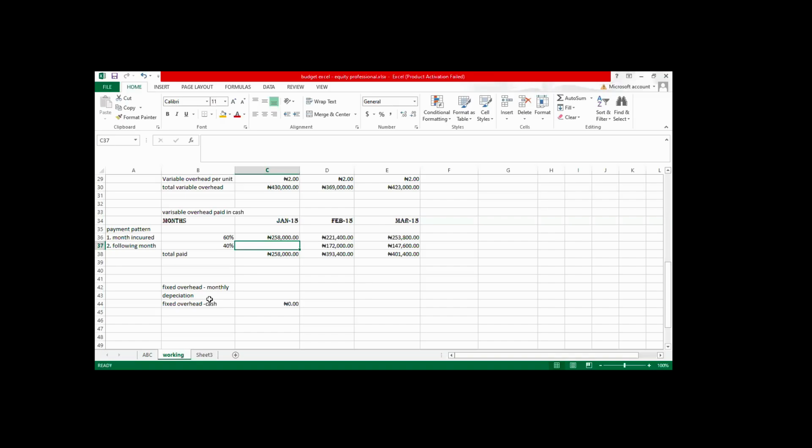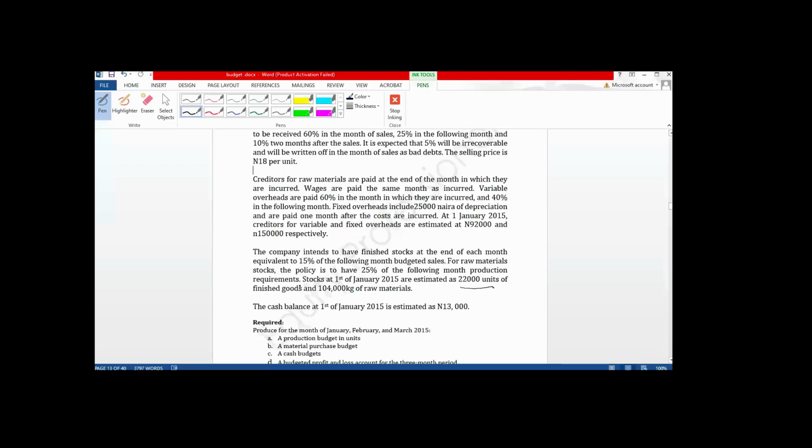If you go check the question, examiner says, please look at this. At 1st January 2015, creditors for variable and fixed overhead are estimated at 92,000 and 150,000.